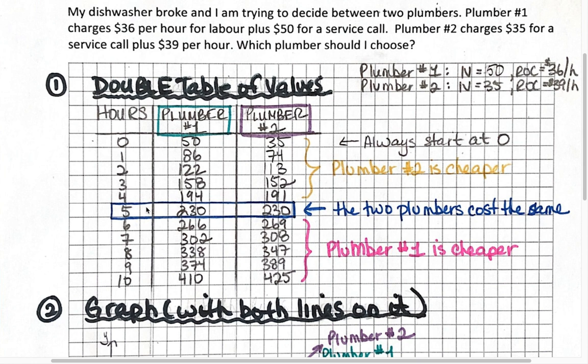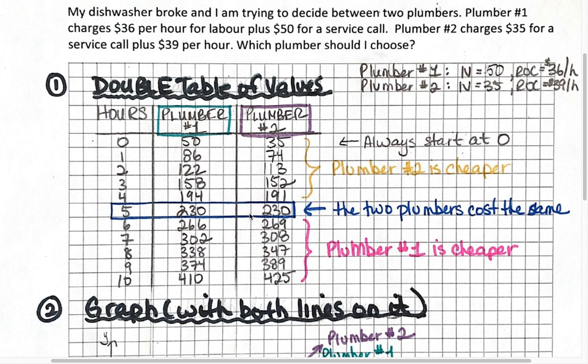So if I was thinking, okay, I think this is going to be a long job, 5 hours to fix my dishwasher, it wouldn't matter which plumber I chose, plumber one or plumber two, the cost would be the same. Okay.